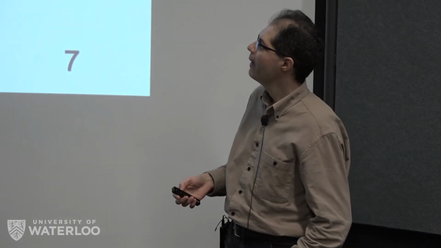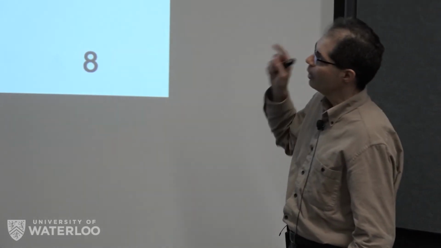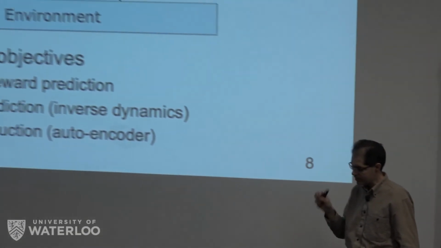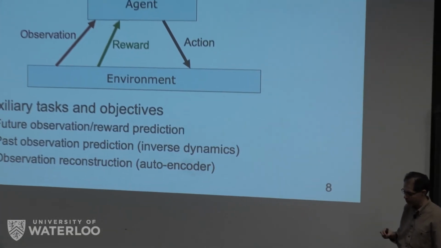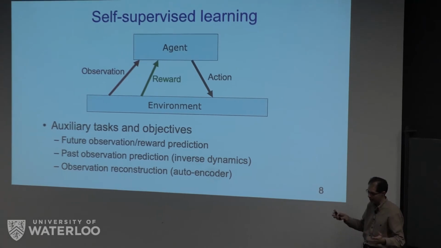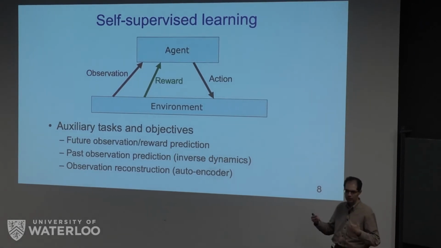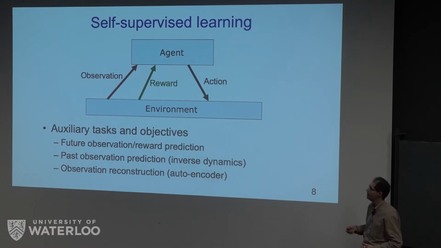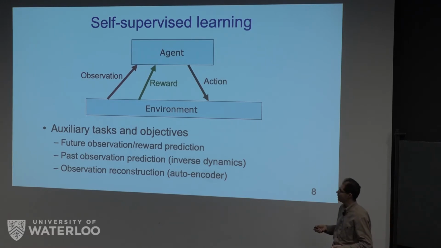Okay. All right, so here, let's explore another direction. This is something that has become popular in computer vision and is now becoming popular as well in reinforcement learning and natural language processing, known as self-supervised learning. The idea is that we're going to train with also some auxiliary task and auxiliary objective.